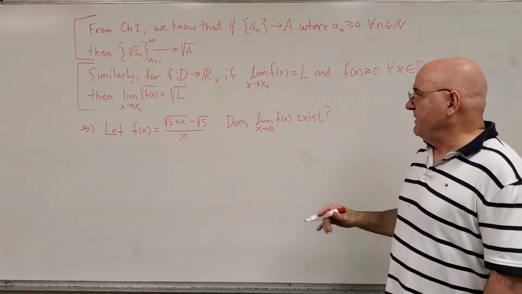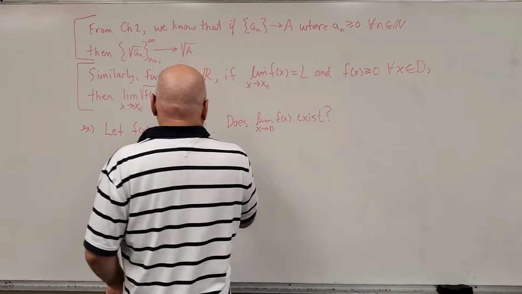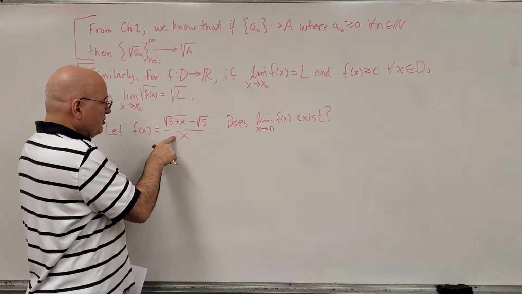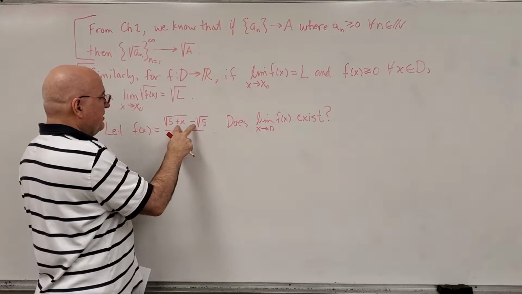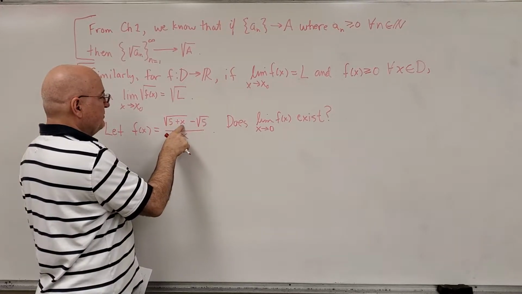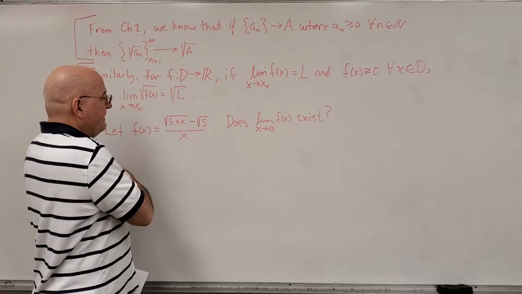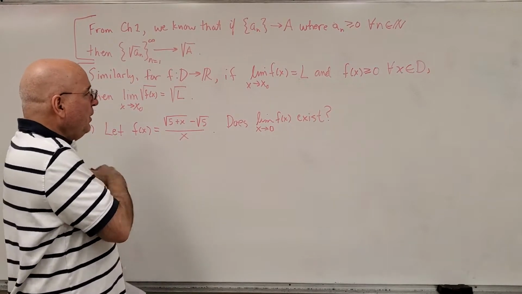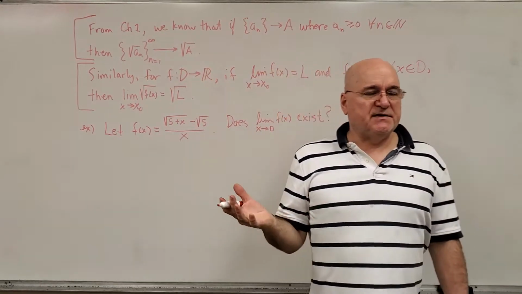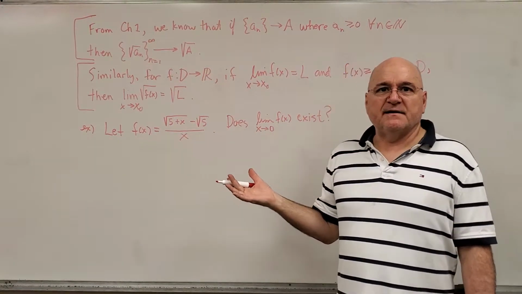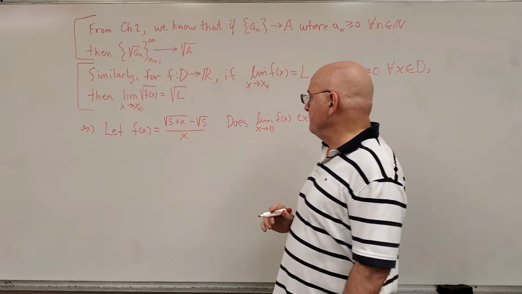So we have a problem. Notice that as x approaches 0, the denominator approaches 0, and the numerator also approaches 0, because it approaches radical 5 minus radical 5. Well, there's a fairly simple solution using basic algebra of square roots.